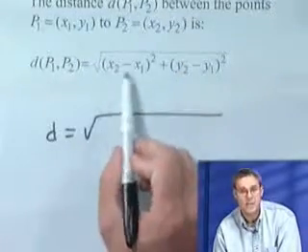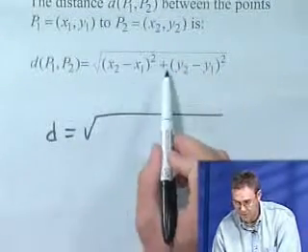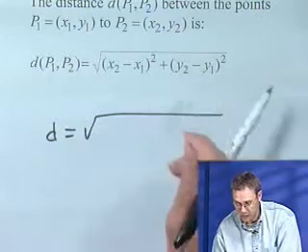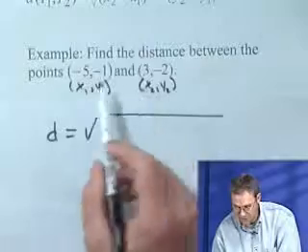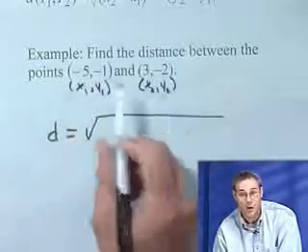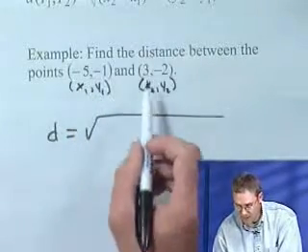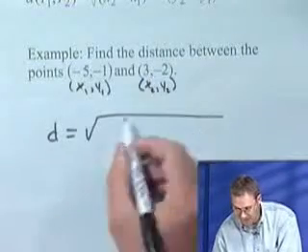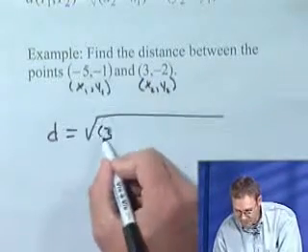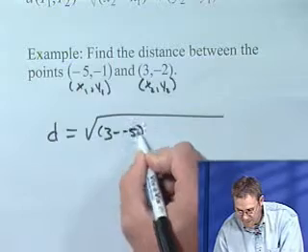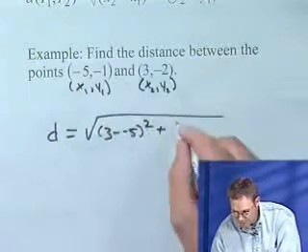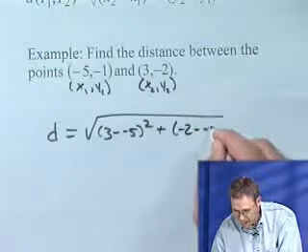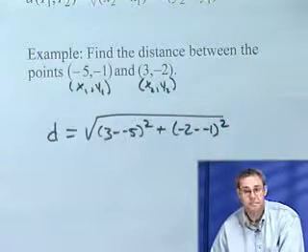It's the difference in the x-coordinates squared plus the difference in the y-coordinates squared. So we'll take the difference in the x-coordinates. It doesn't matter which way we go. I can go -5 minus 3, or I can go 3 minus -5, and I'll go ahead and do that. 3 minus a -5 squared plus -2 minus a -1 squared.